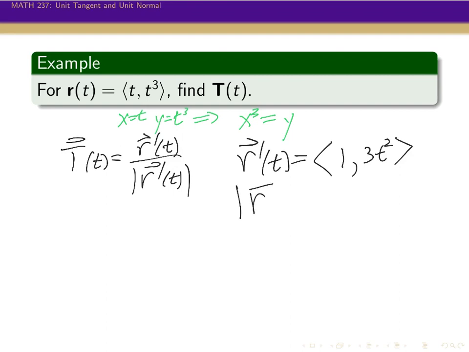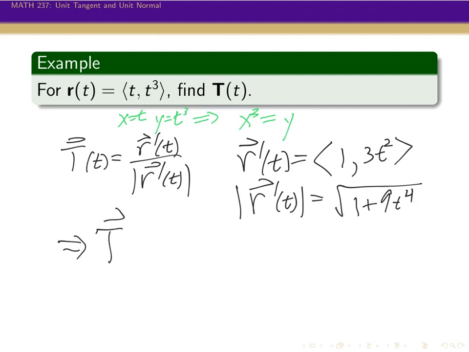Now we need the speed, which is just taking the magnitude of this, and it is not a vector. The x component squared is 1, and the y component squared is going to give me 9t to the fourth. So T of t is going to be r prime divided by its magnitude.